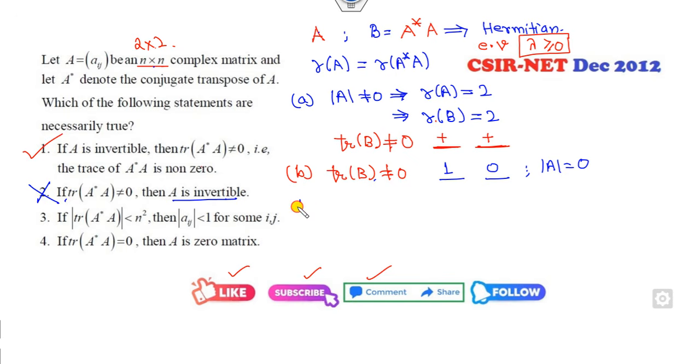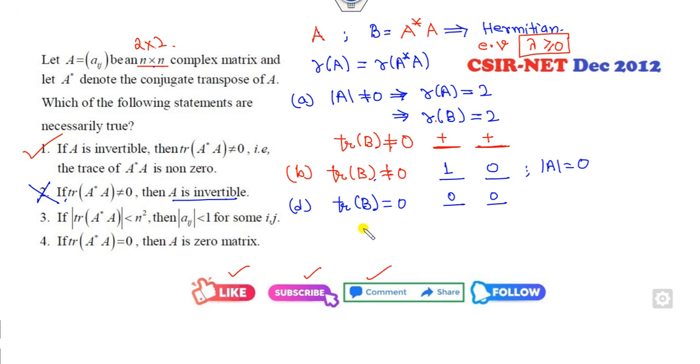Similarly, if you look at the last option, trace of B is 0. That means when it will be 0, because eigenvalues are greater than or equal to 0. If this number will be positive, then even if this number is 0, trace B will never be 0. So under what case can you think that trace will be 0? When both the values are 0.